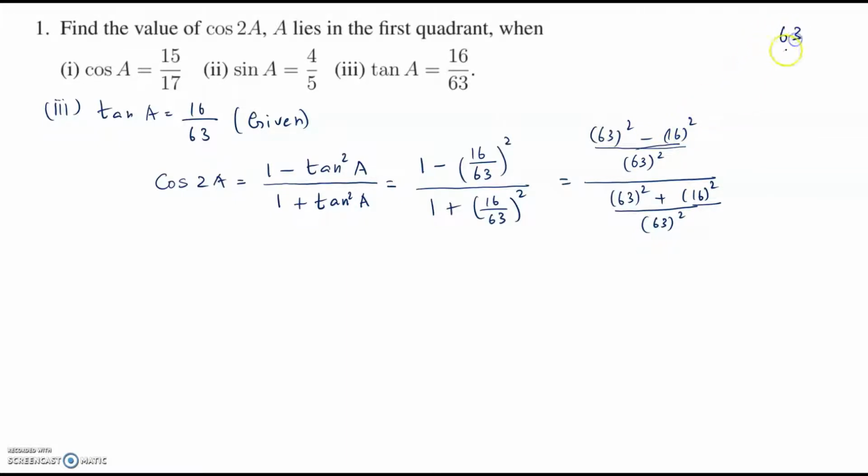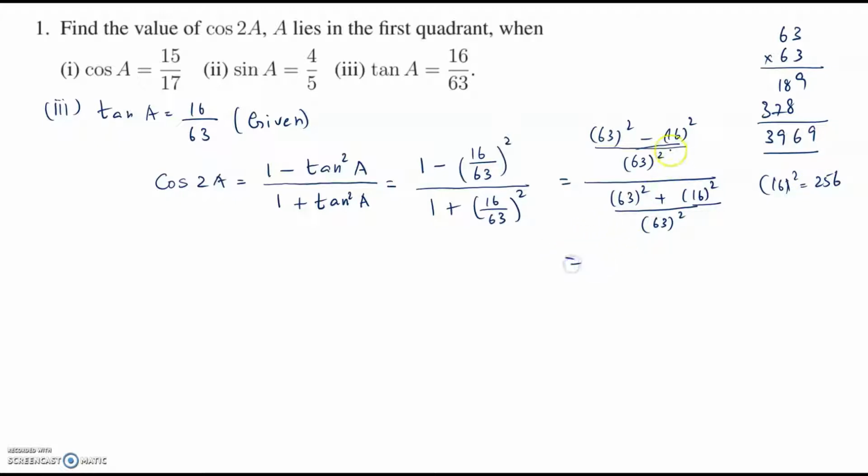63 squared will be 63 times 63, 9 here, 189 here, 18, balance 1, 37. So it's 3969. So that's our 63 squared. And 16 squared we know is 256.